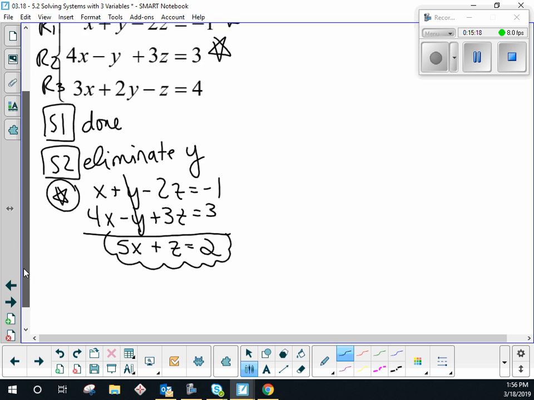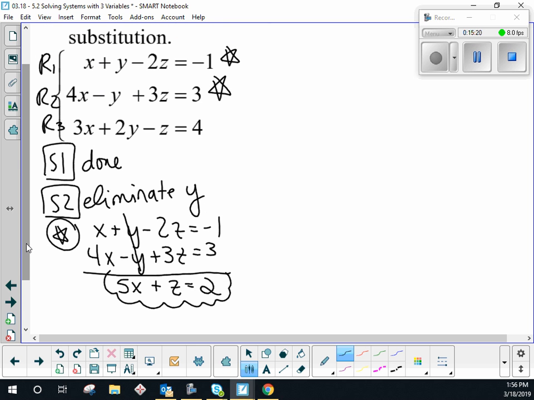Well, I've already done this combination, 1 and 2. And which variable do we eliminate with those two? Y. So we need to eliminate y again. It's not going to do me any good to use the same two equations, right? So I need a different combination of two equations. That could either be these two, row 2 and row 3, or row 1 and row 3. It just has to be a different combination.